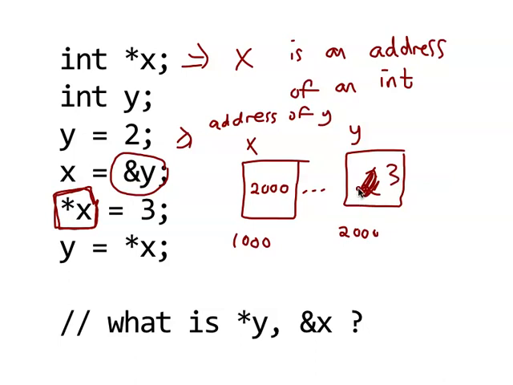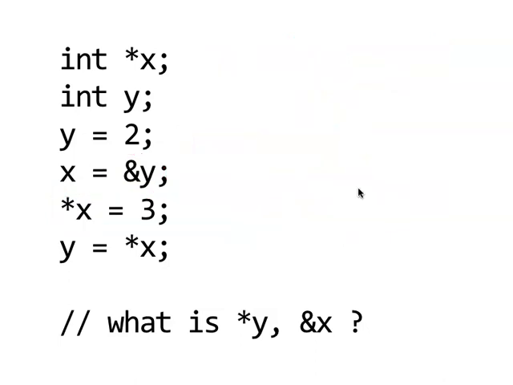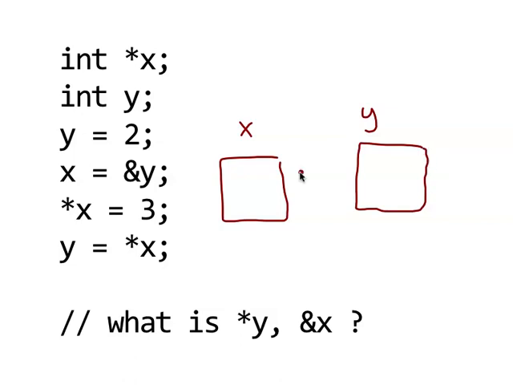Now there's another way to interpret this. You have x, you have y. Instead of putting an address of y here, I can put a piece of string and tie it with an arrow pointing to y.